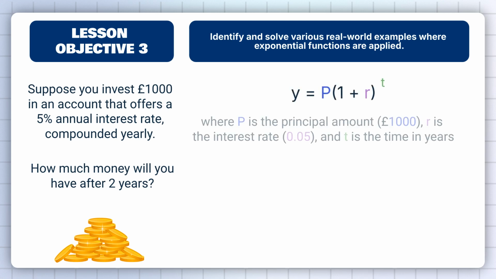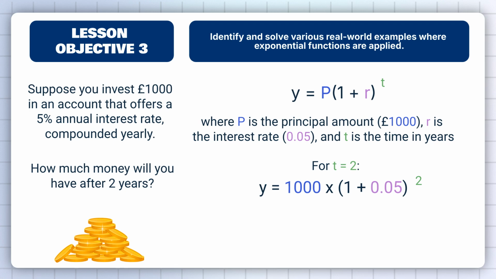Here, P is the principal amount, £1,000, r is the interest rate, 0.05, and t is the time in years. For t equals 2, y is equal to 1,000 multiplied by (1 + 0.05) to the power of 2, such that y is equal to 1,000 multiplied by 1.1025.